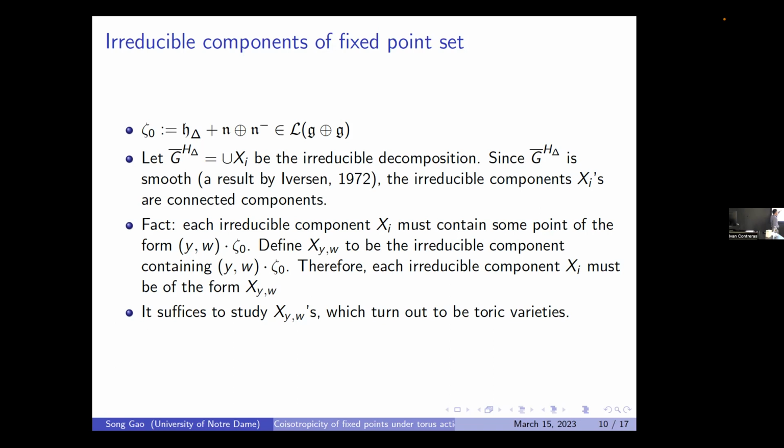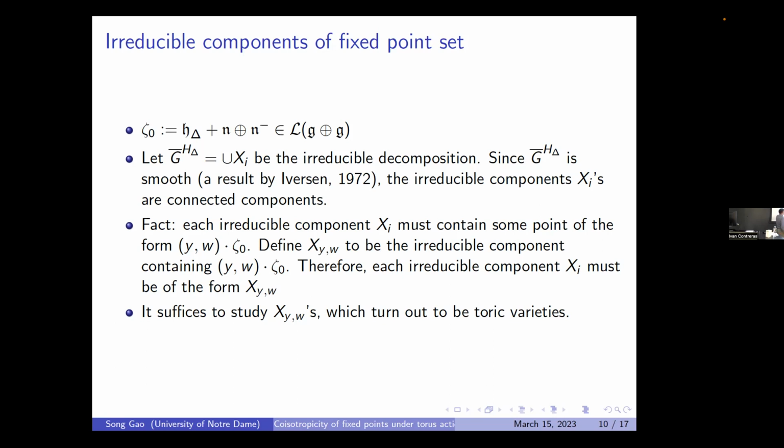I can show that each irreducible component X_i contains some point of the form (y, w) acting on zeta naught, where y and w are Weyl group elements. I denote X_{y,w} to be the irreducible component that contains such a point.